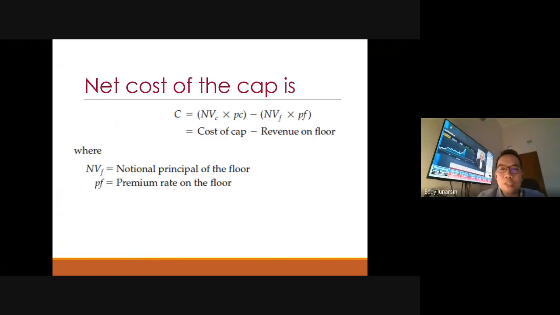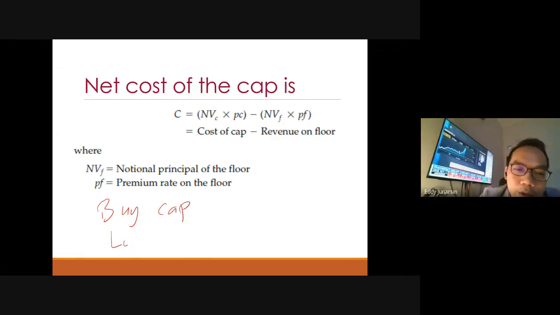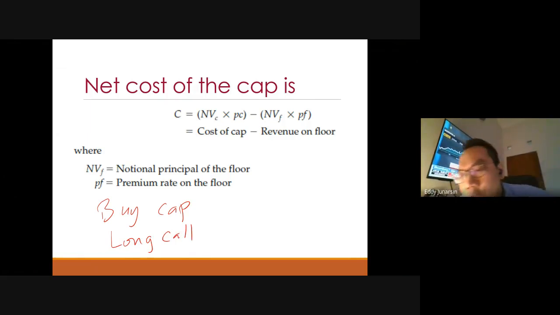But there's a possible position like this. You buy, for example, the cap, right? So you're taking a long call position. Remember the cap, you get money if the interest rate gets higher than 9%, for example. So you buy a cap. But now you don't want to pay for the premium.